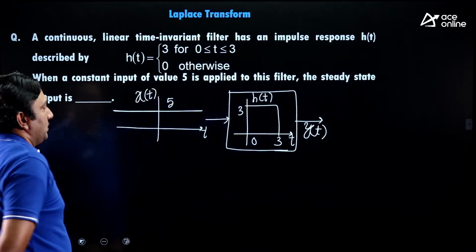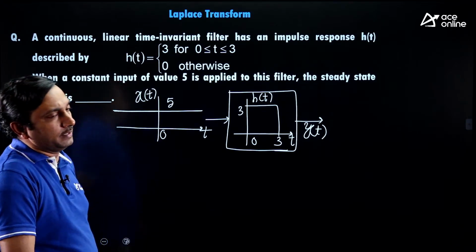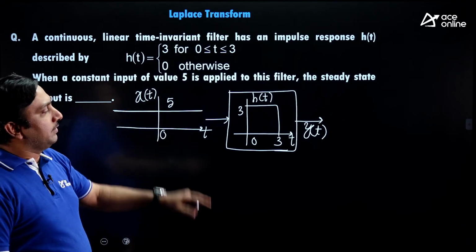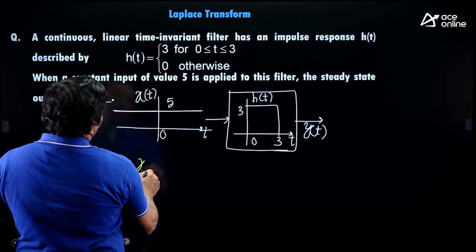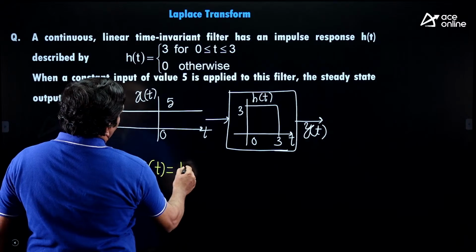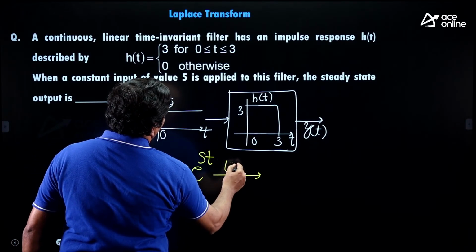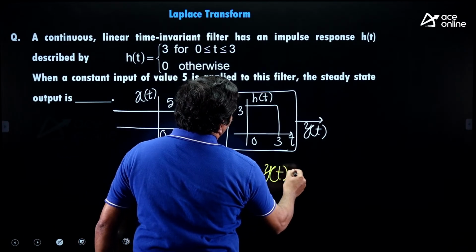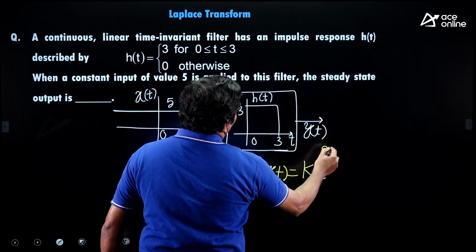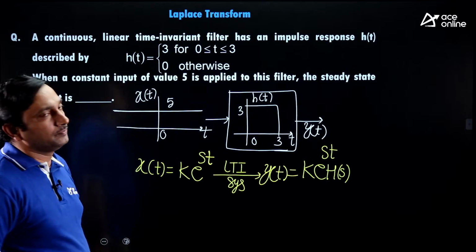Normally, most of the fellows will simply take Laplace of 5 as 5 by s. That is wrong. It is a constant for all time. It is a constant where we are using our eigenfunction concept. If the input is of the form k into e power st, which is passed through an LTI system, the output is also of a similar form, k into e power st into H of s.